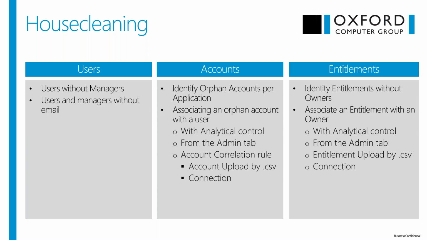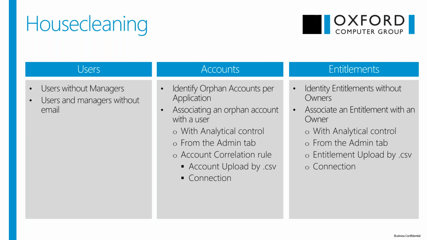I can also, again, do that in the admin tab by going to the entitlement and manually associating it, and also the entitlement upload by CSV and connection. Same as accounts. So there's an automated process coming in, and it'll see the owner on the group in Active Directory, and it will update the owner also on the entitlement.